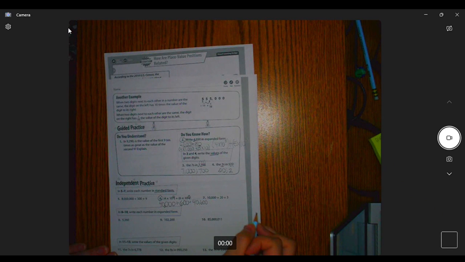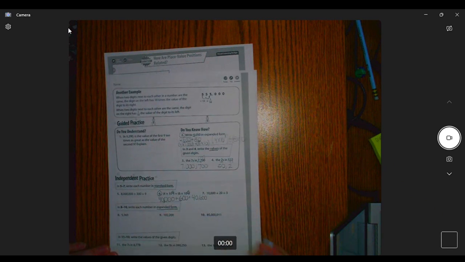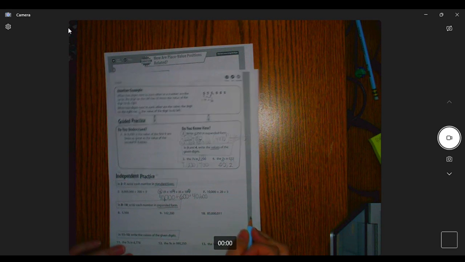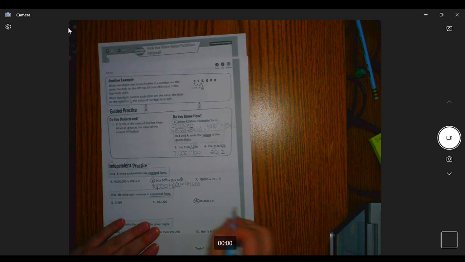Now, let's do it in expanded form. You ready? And I'm going to do number 10 because it's huge. So, ones, tens, hundreds, thousands, 10,000s, 100,000s, millions, 10 millions.